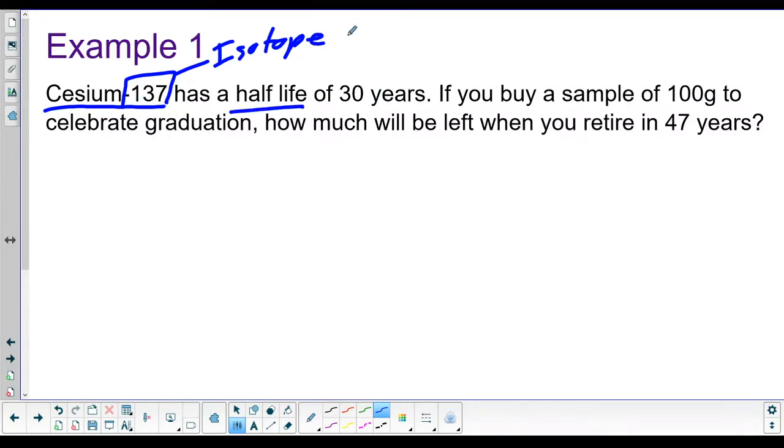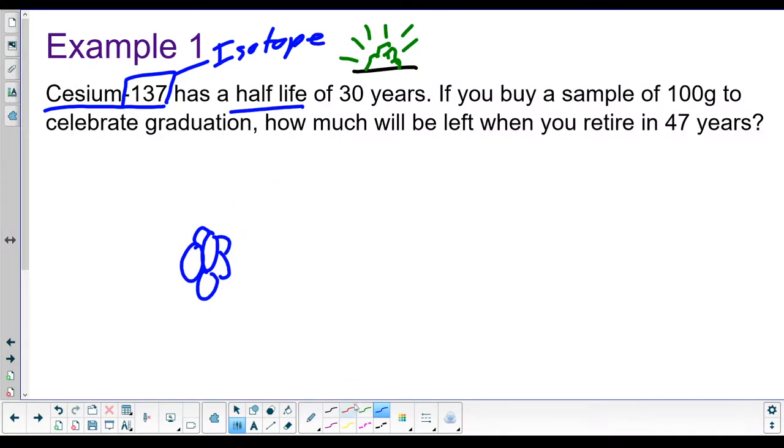A half-life is if you have radioactive stuff. So let's say you've got your lump of radioactive material here, and it's just beaming off radioactivity. What radioactive stuff actually means is these cesiums are so unstable that the little atoms inside the nucleus are bouncing and jiggling around and hitting each other.